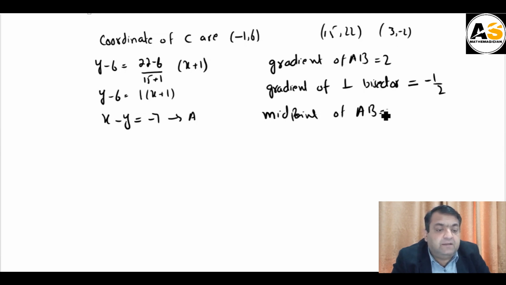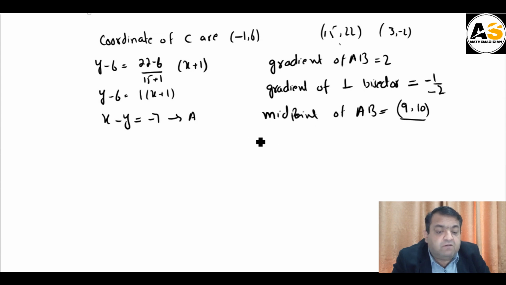I am calculating the midpoint. 15 plus 3, 18 over 2, is 9, and 22 and minus 2 added is 20, divided by 2, 10. So this is the midpoint and this is the gradient of the perpendicular bisector.